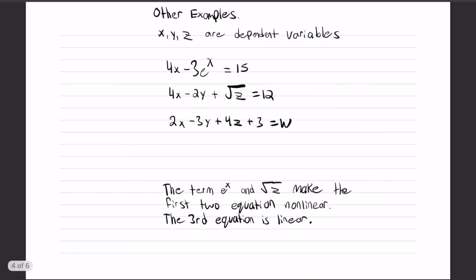We have other examples. These may look different because there's more than one dependent variable, but the same rules apply. For the first one, we have 4x minus 3 e to the x is 15. We have an exponential. We can't have exponentials, so this one is nonlinear.